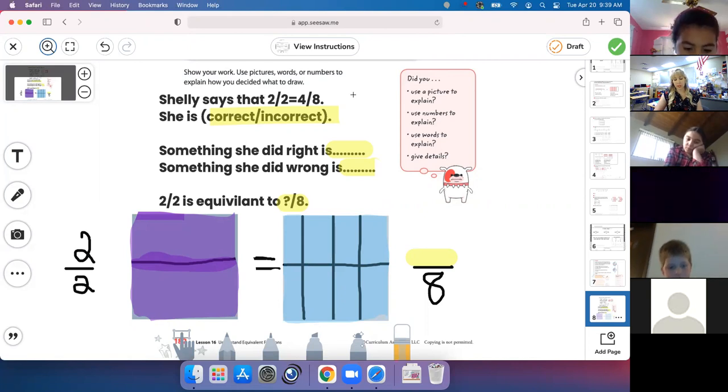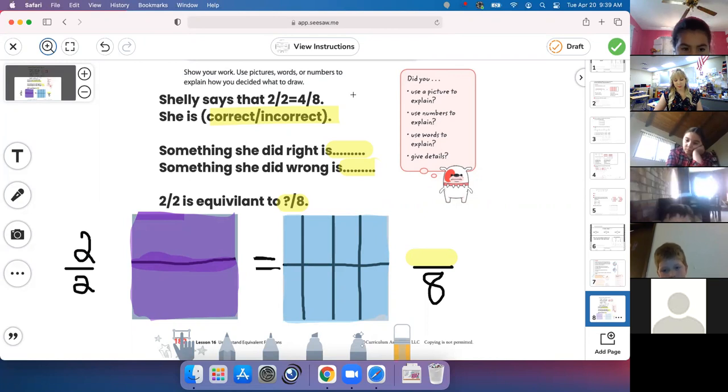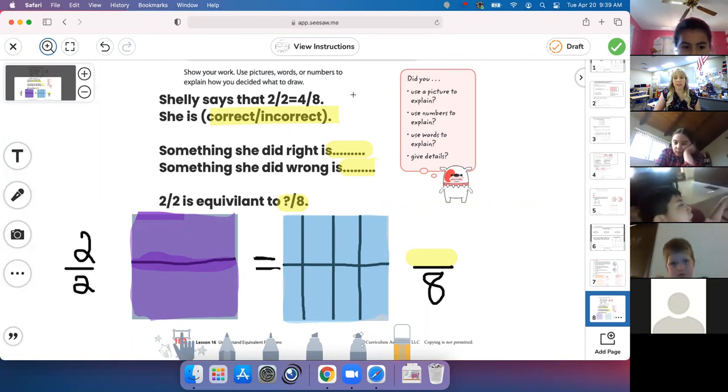So remember, in a couple of minutes, this has to be turned in. Think about how many eighths does it take to cover the same amount as 2 halves?